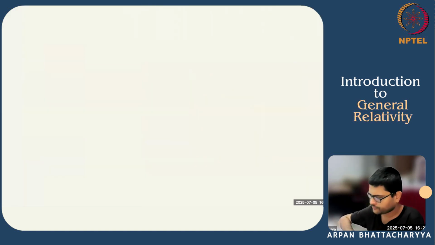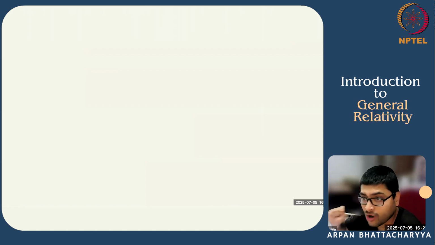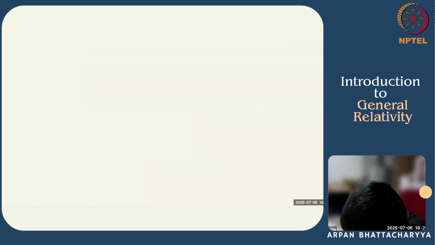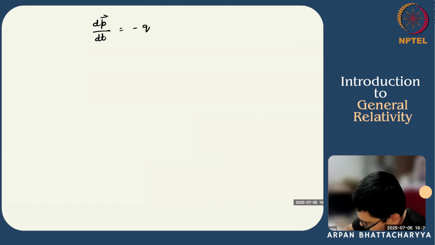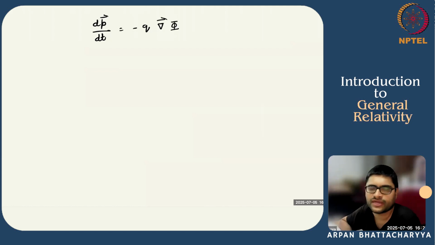So we'll start from a static point charge. In the non-relativistic limit, Newton's second law for this point charge will be: rate of change of 3-momentum, dp/dt, is equal to minus q, where q is the charge of this point particle, times the gradient of the scalar potential.